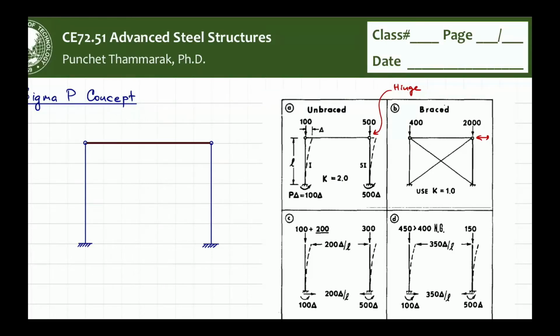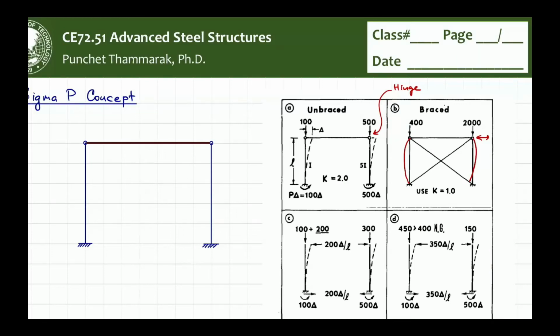You improve the K values. When the column buckles, it's going to buckle like this, and as you improve the K values, you have a condition which is pretty much like pin and pin.